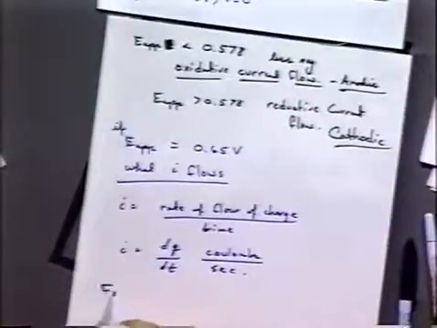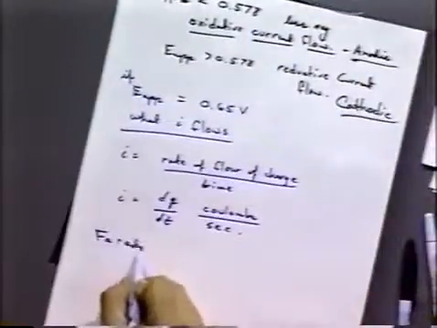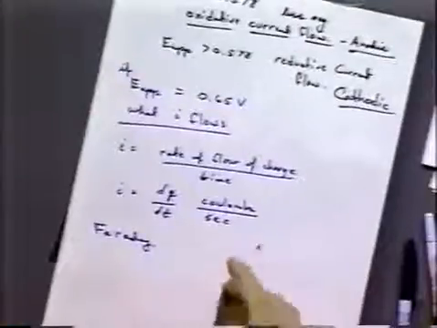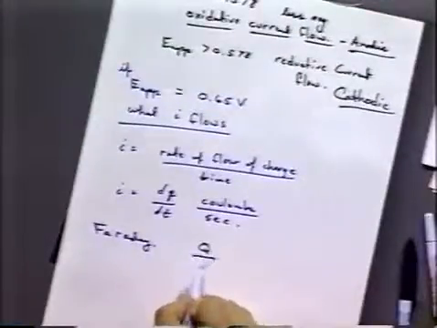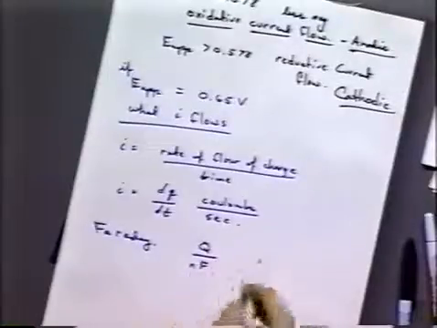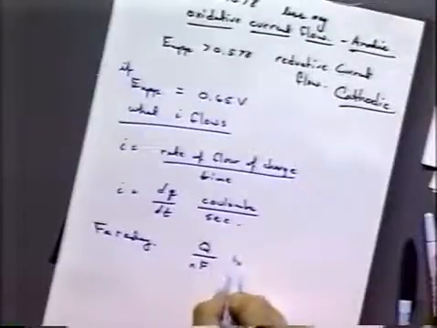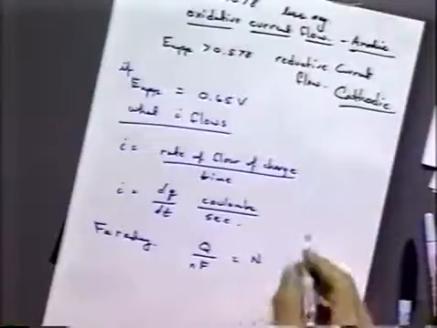Now Faraday was very interested in this sort of thing, and he was the first to basically stipulate the following: that the amount of charge that flows, Q, divided by N and F, is equal to the amount of moles electrolyzed.